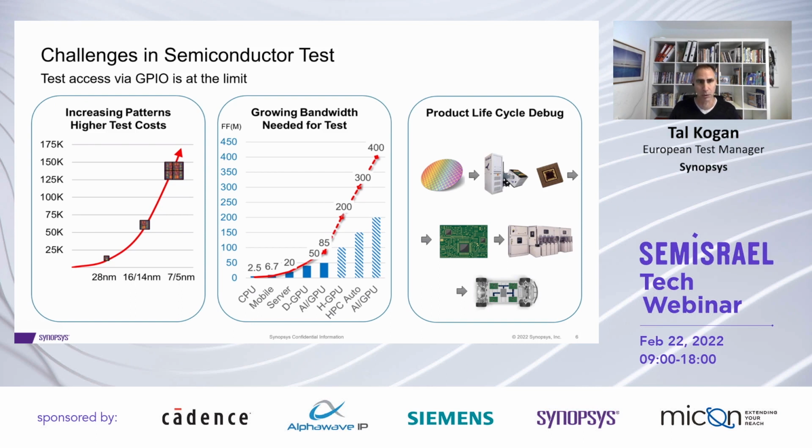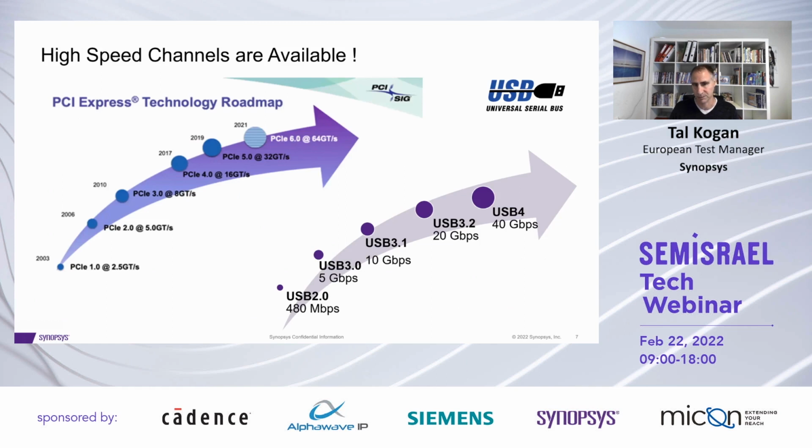Now, what do we do about all that? One solution might be to leverage the fact that we do have high-speed channels available on most of the SoCs today, whether it's USB or PCIe, which are capable of carrying very high bandwidth.